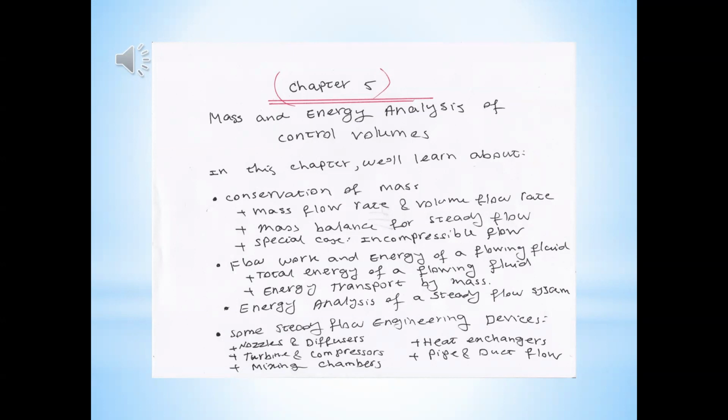All of those are open systems, where mass can cross the boundary of the system. Previously, in chapter 4, we were working with closed systems like piston cylinder, where mass cannot cross the boundary.